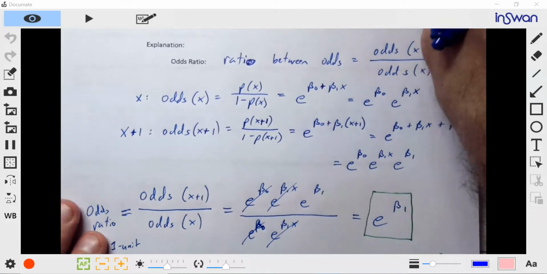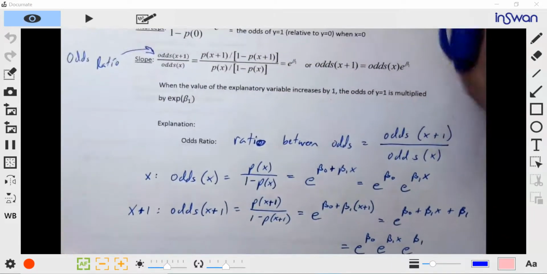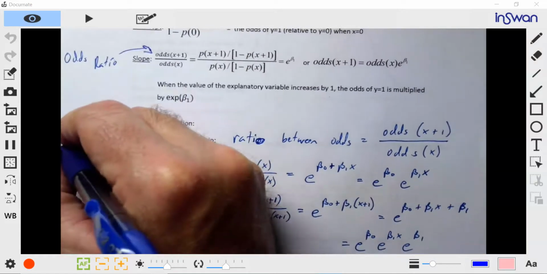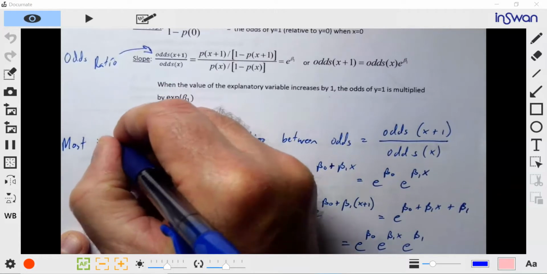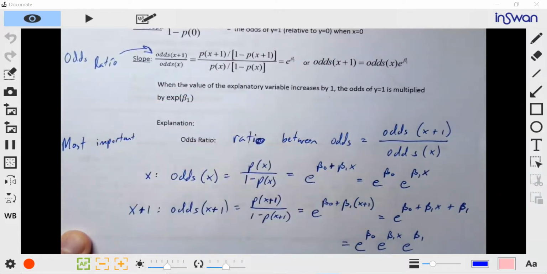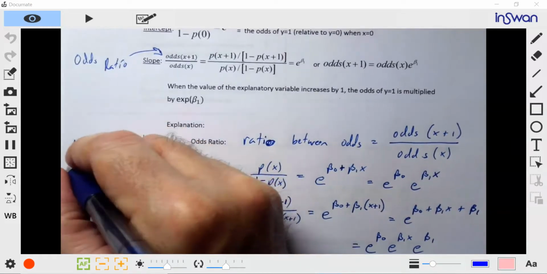And this might take a little while to wrap your brain around. You might need to think about this, but I want to tell you that the odds ratio is definitely the most used interpretation when it comes to logistic regression.